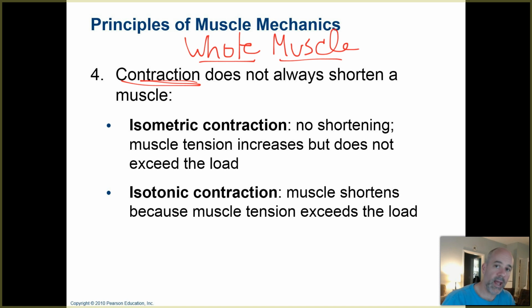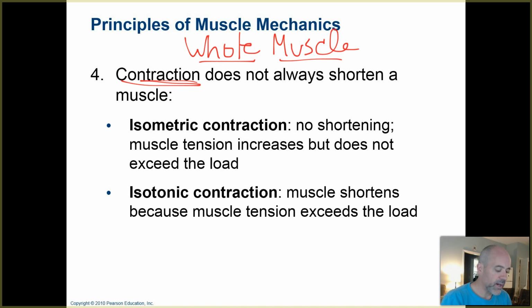You can have within the muscle fibers in a muscle, cross-bridging taking place, and those actin and myosins may be sliding across each other, but the muscle itself, the organ itself, muscles are an organ, may stay the same size, or they may actually lengthen during a contraction, or they may do the thing more typical of what we think about, which is shortening.